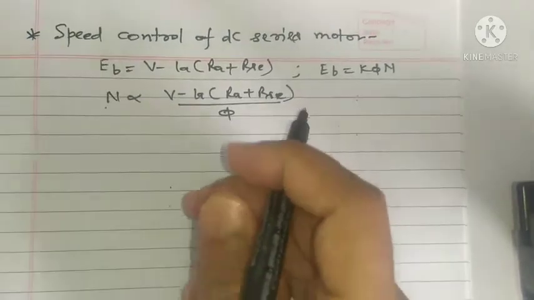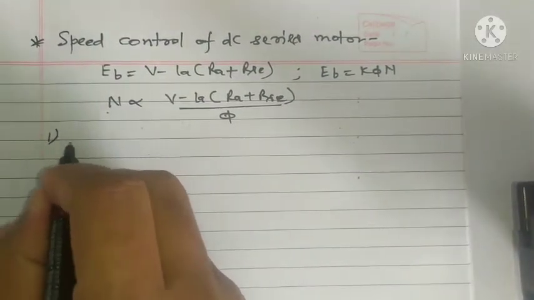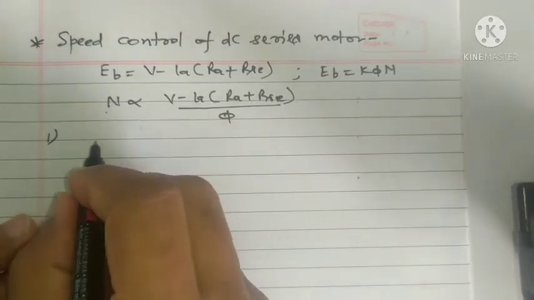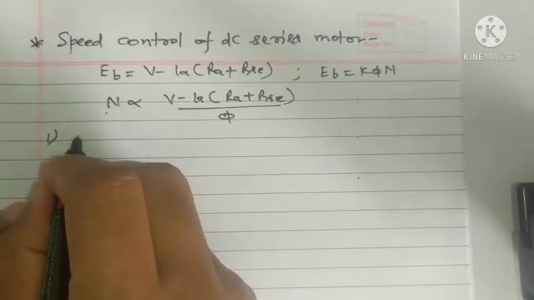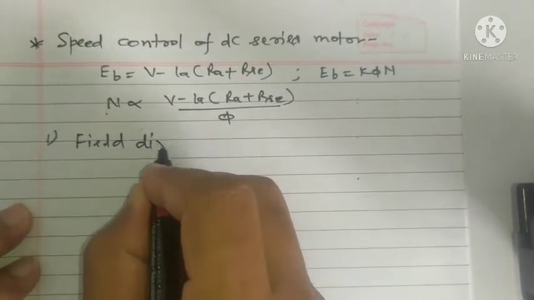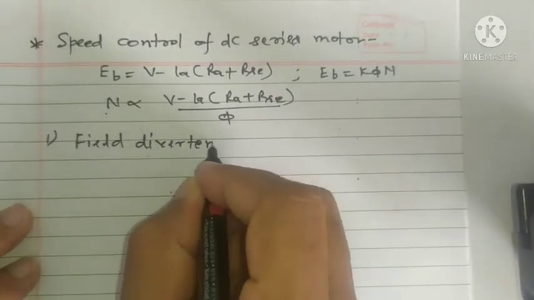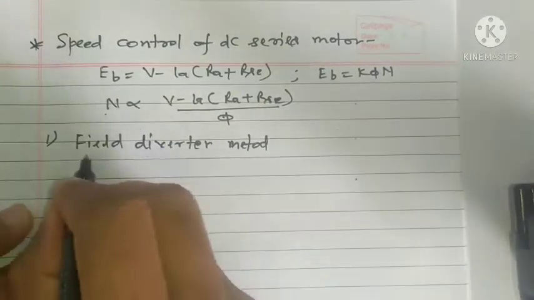So let us see the methods to control speed of series motor. So first we will see field diverter method.